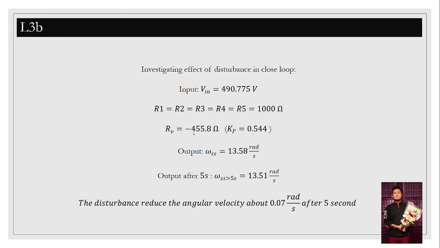The Rv we found from the Kp 0.544 at 5% steady state error. So the output initially is 13.58, which equals what we have in L2, but after 5 seconds it reduced to 13.51 radian per second. So we can also say that the disturbance reduced the angular velocity about 0.07 radian per second after 5 seconds.